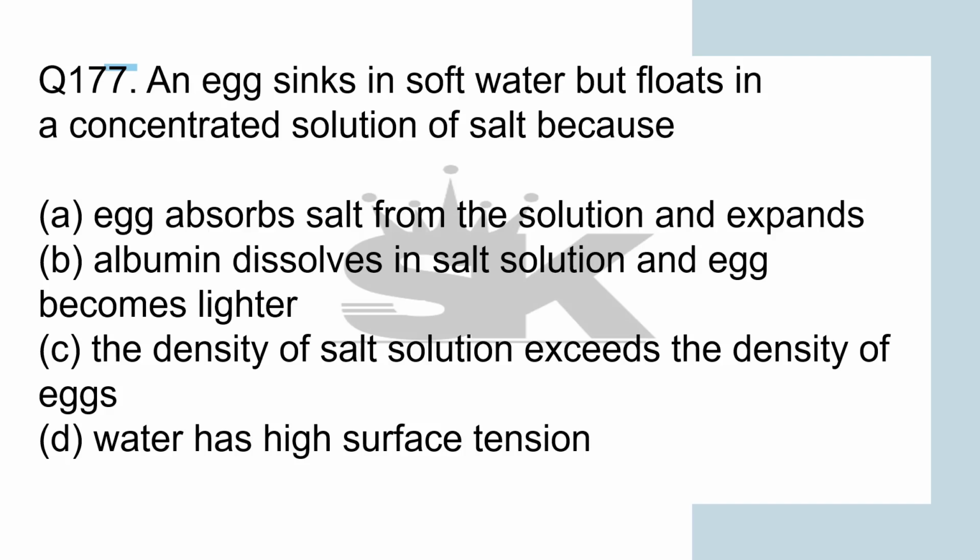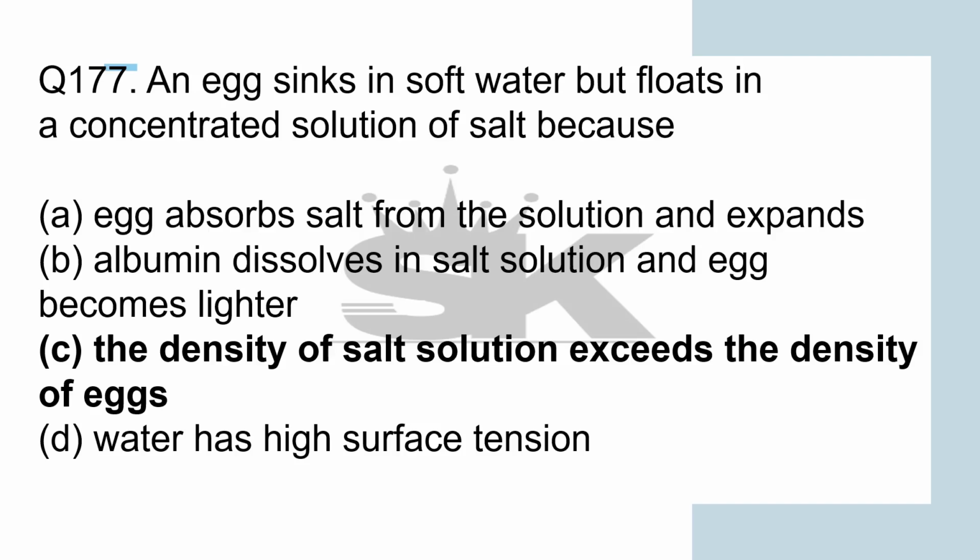The ability of something like the egg to float in water or some other liquid is known as buoyancy. We discussed before, right? So the answer is the density of salt solution exceeds the density of egg. Okay, so the option is C.